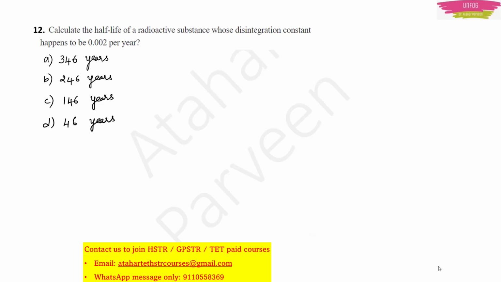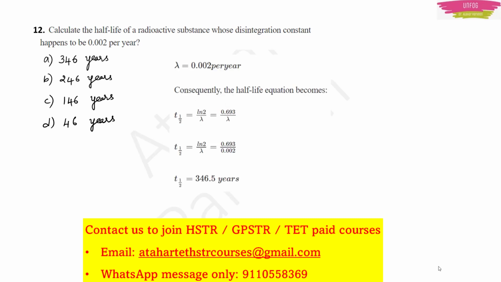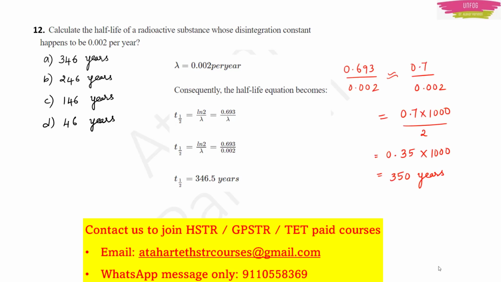See this example I have taken. The question is, calculate the half-life of a radioactive substance whose disintegration constant happens to be 0.002 per year. Means they have given you lambda. Directly you can use our formula that T half is equal to 0.693 by lambda. If you write it down, you cannot divide these decimals, you'll get scared, so better make it approximate. 0.693 you make it 0.7. 0.002 you write as it is.